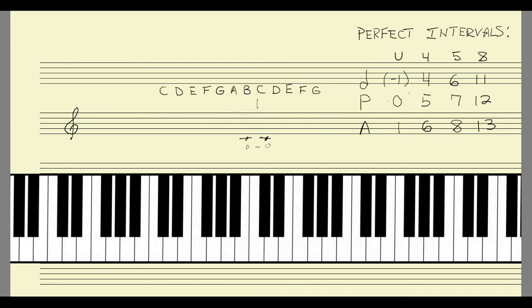Again, I put that there just for the purpose of having a complete chart, but rarely do we actually see the diminished unison as an interval in practice. So in the next video, let's use this little chart that we've created to actually figure out and create some perfect intervals in all of their qualities.